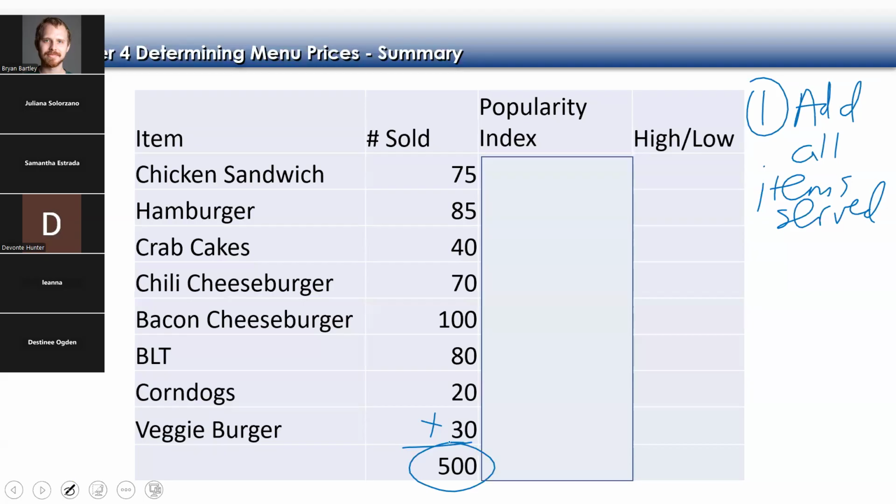So on the bottom right here, you can write plus, and then draw a line, and right below that, put 500. Because we added up all these items on the table right here, and we get 500, just like you see it right here.